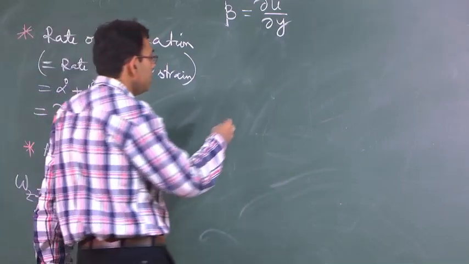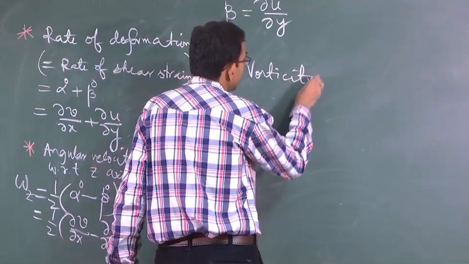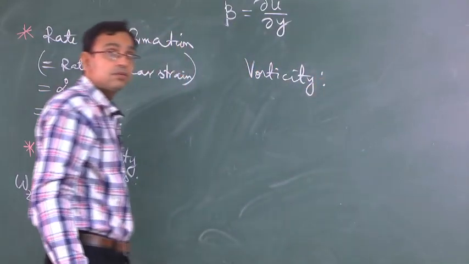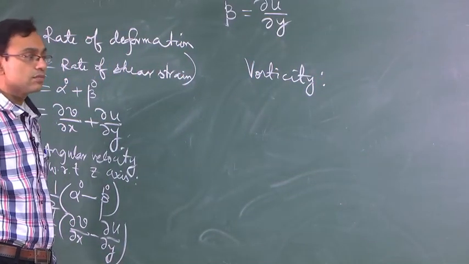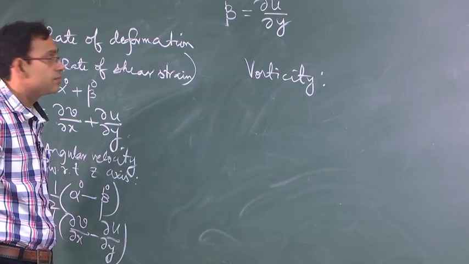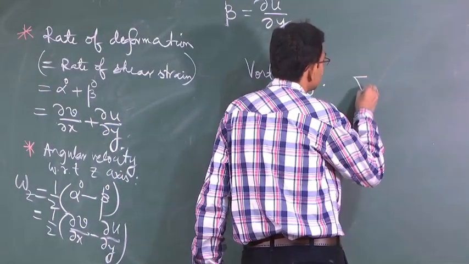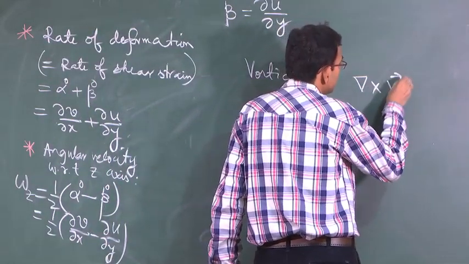So, vorticity is defined as the curl of the velocity vector.